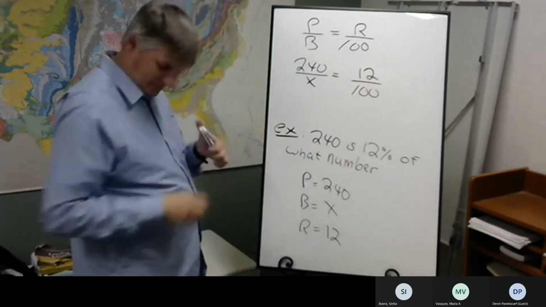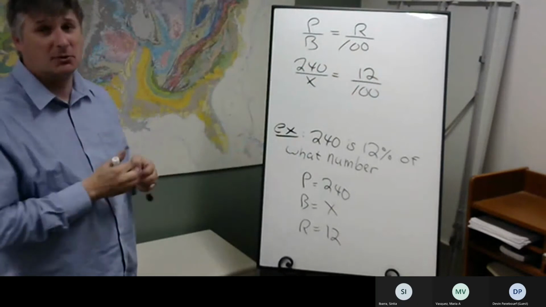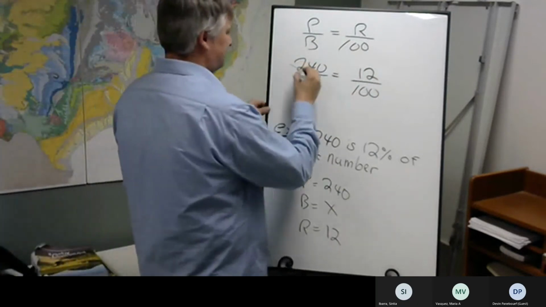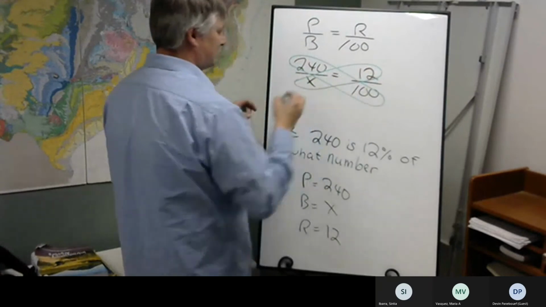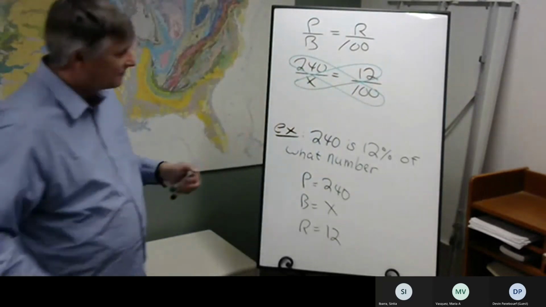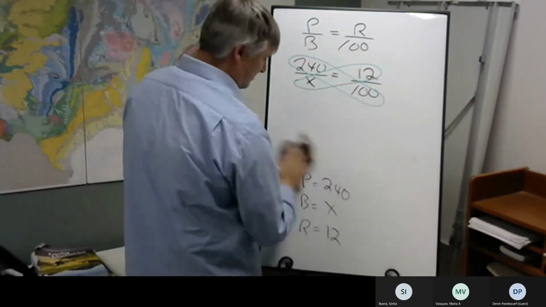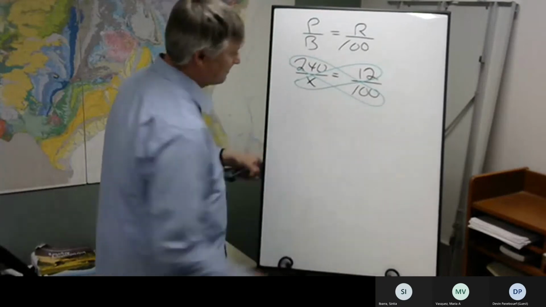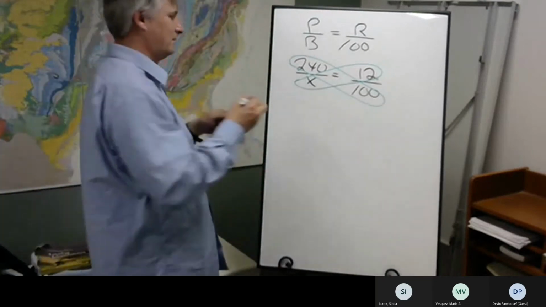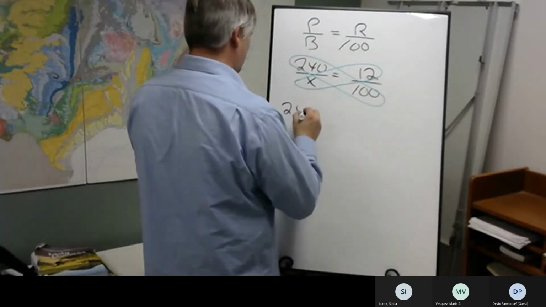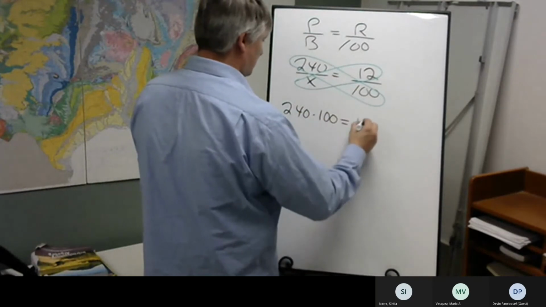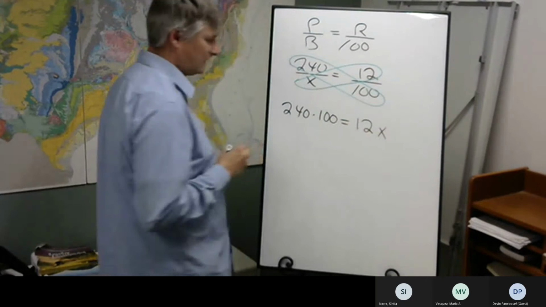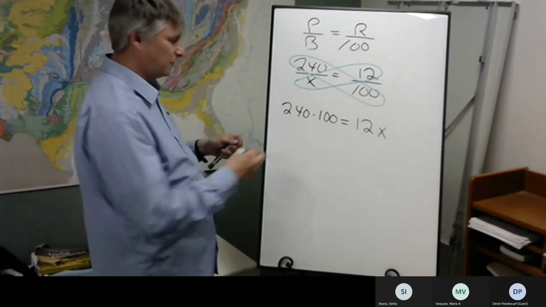And once again, we're going to cross multiply. So we'll get 2,400.